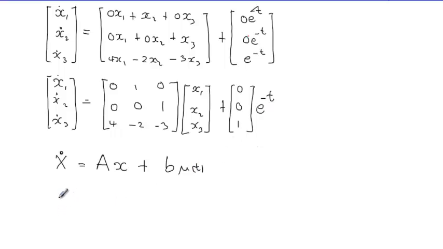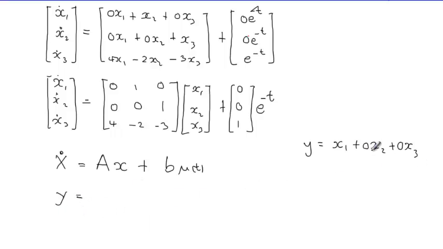Then our y in this case, y was equal to x1. Again, we can start by putting y equals x1 plus 0 x2 plus 0 x3. That is just for explanation.